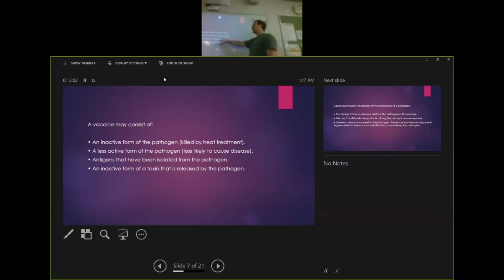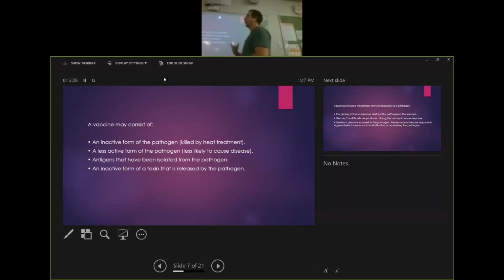They might be antigens from the pathogen, because remember, the pathogen will have antigens on the outside. So what they can do is harvest these antigens directly and then put them into your system. You'll still produce an immune response. It still works. Or they might give you an inactive form of the toxin that's released by the pathogen.